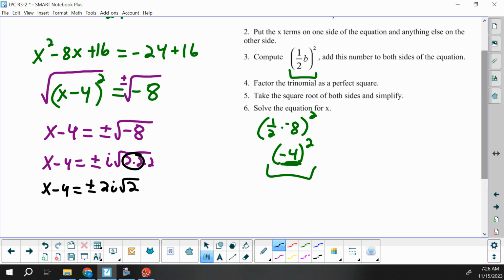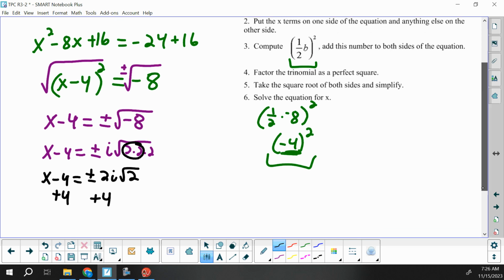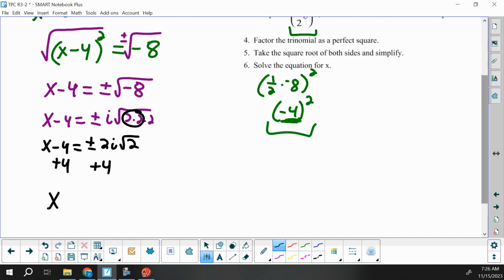And then our last step is just to get x by itself. So opposite of subtracting 4 would be adding 4. On the left side, we'll just have x. And you can technically put the plus 4 at the end or the 4 in the beginning. I tend to put it in the beginning, then it looks similar to as if you had done this with the quadratic formula.